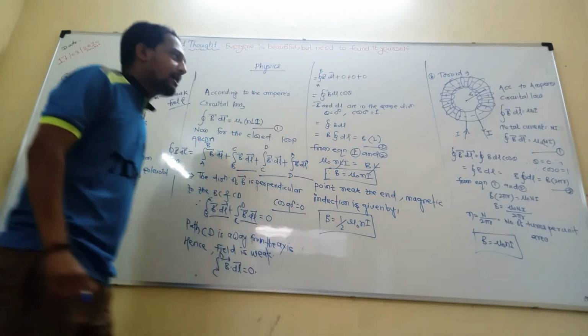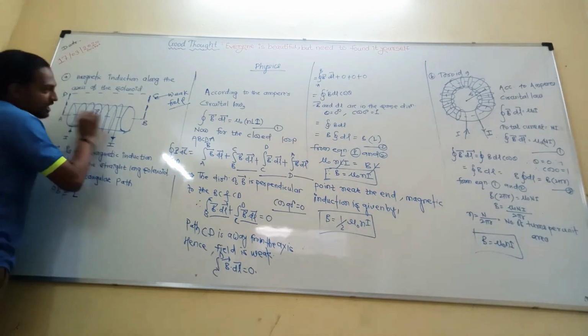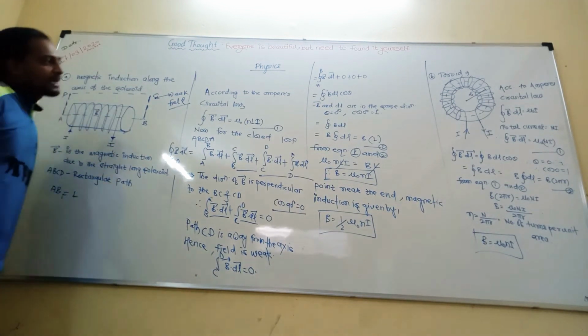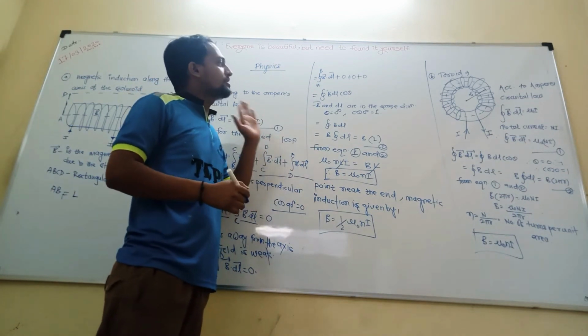But the AB path is along the axis of the solenoid, and the direction of the field is also along the axis of the solenoid. So the angle between the field and dl is 0, and cos 0 is 1.